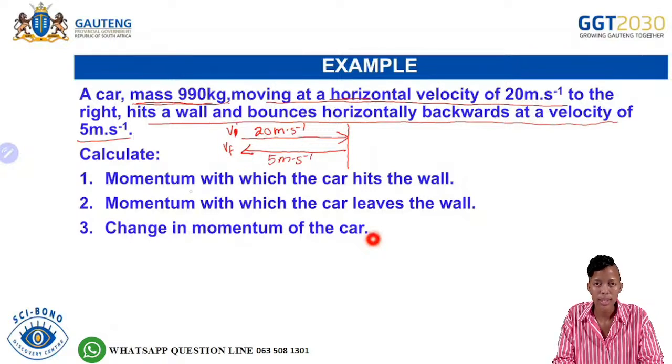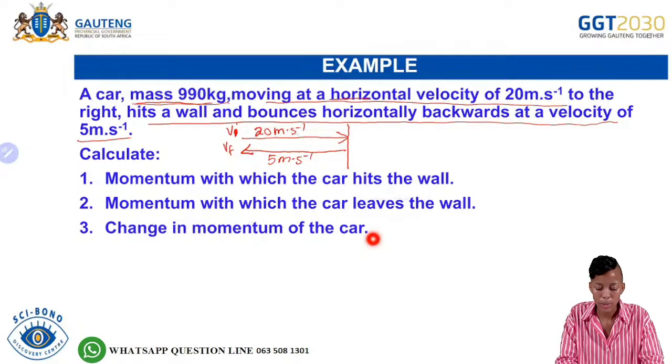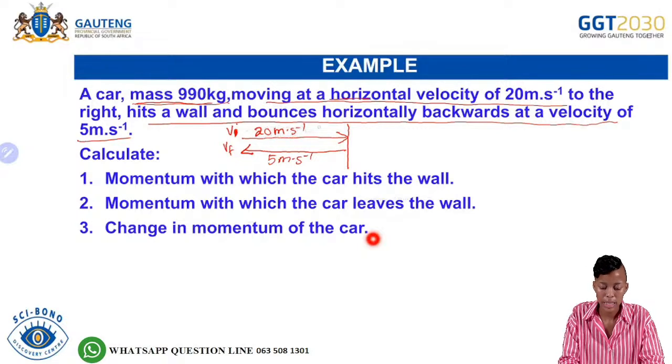Number one says you need to calculate the momentum with which the car hits the wall. So what are we going to take into consideration when we do this momentum calculation? We need to take into consideration the direction. Initially, it was moving at 20 meters per second to the right.